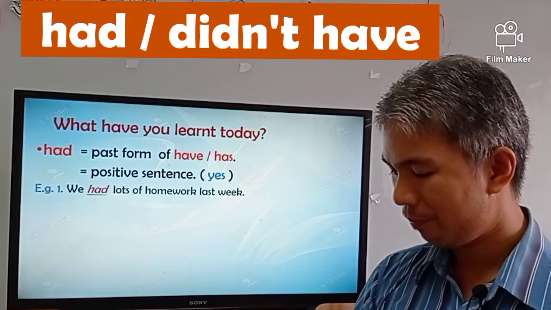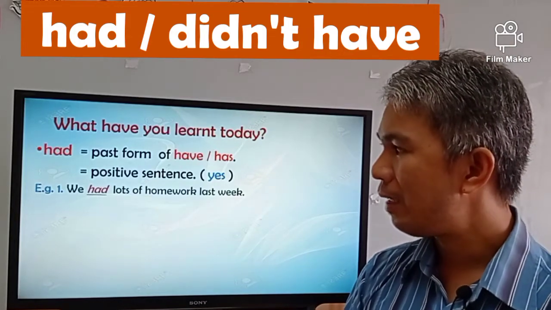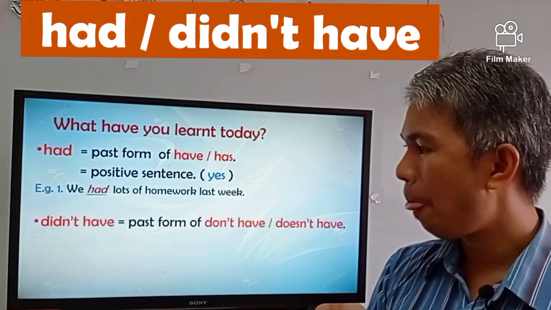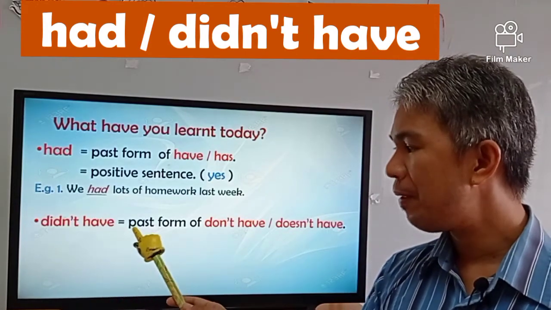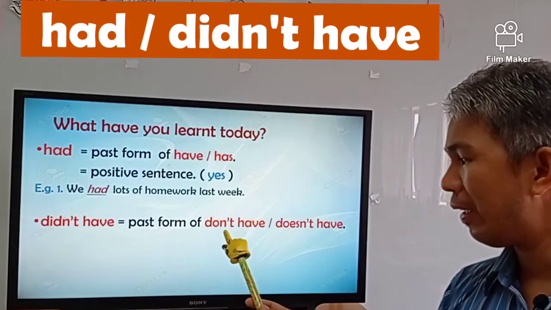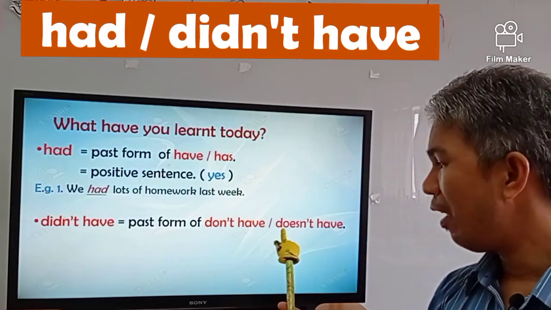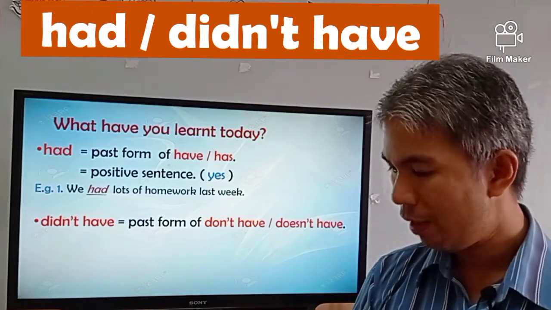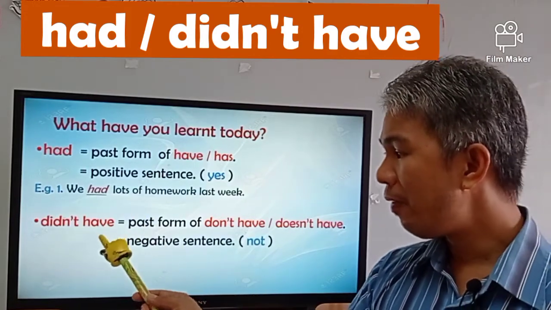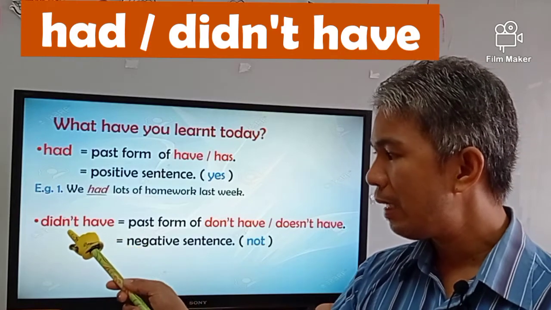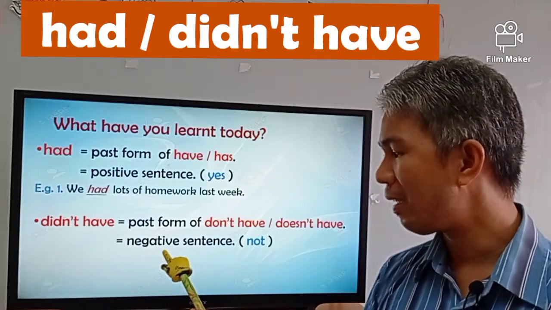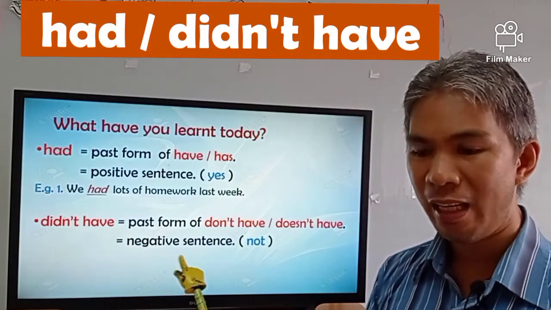What else? What is the other thing that we have learned in this video? We have learned didn't have. Didn't have is the past form of don't have and doesn't have. Didn't have is in negative, so we use didn't have in negative sentences.